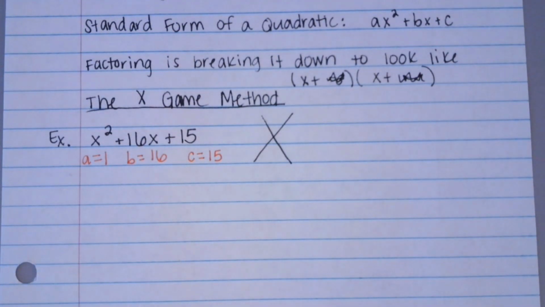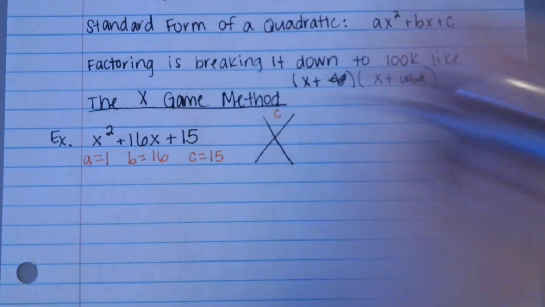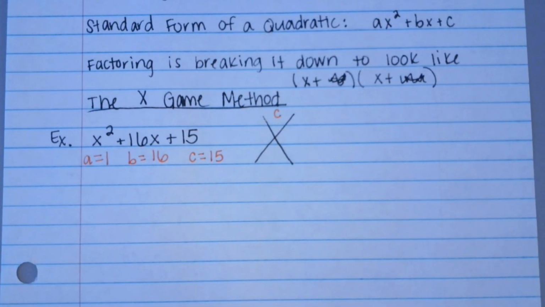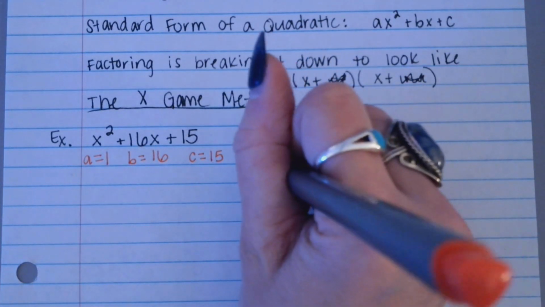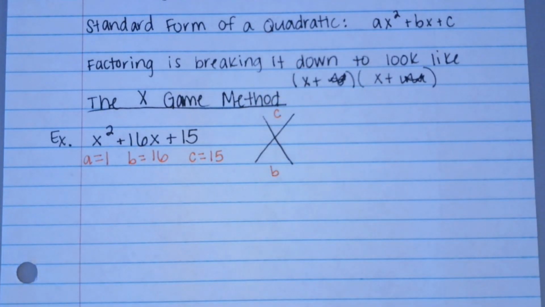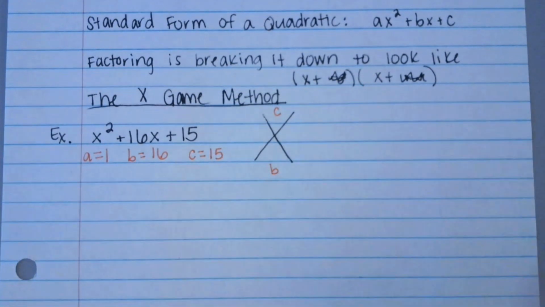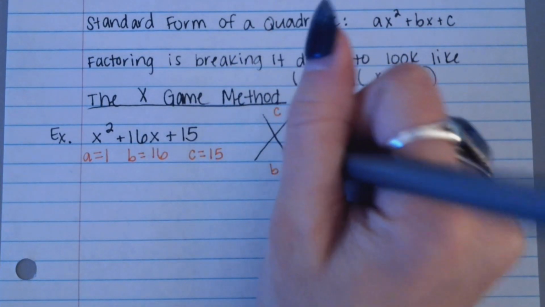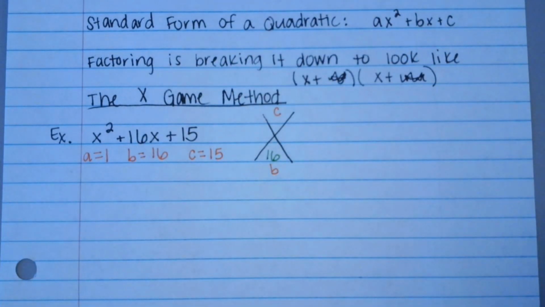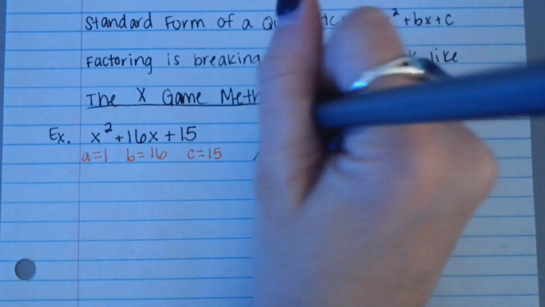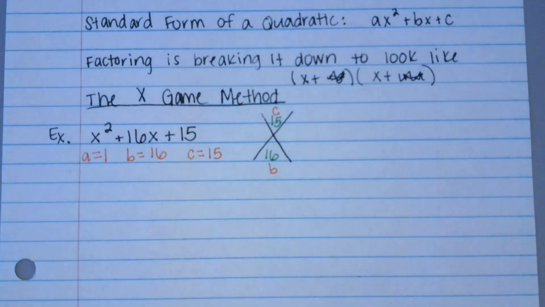When we fill this out, our C value is going to go in the top part of the X, and our B value is going to fill in the bottom part of the X. So my B value is 16, that goes on the bottom, and my C value is 15, that goes on the top.